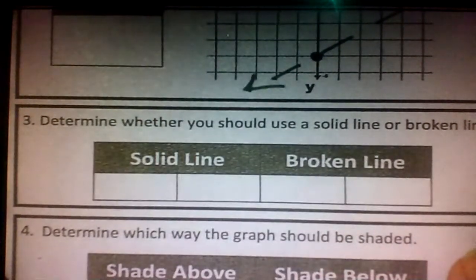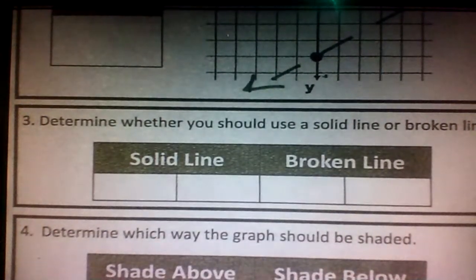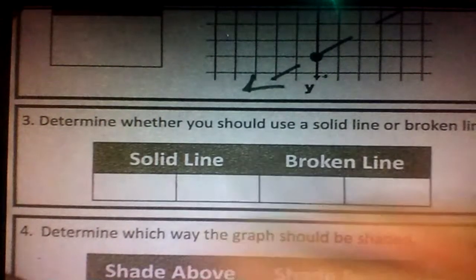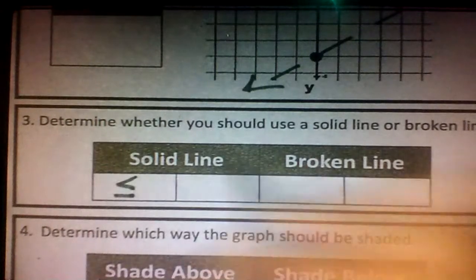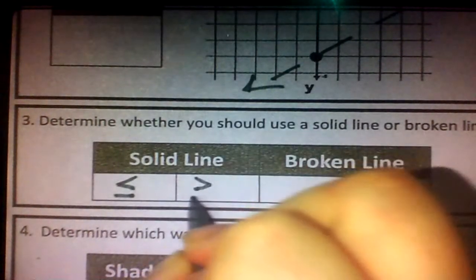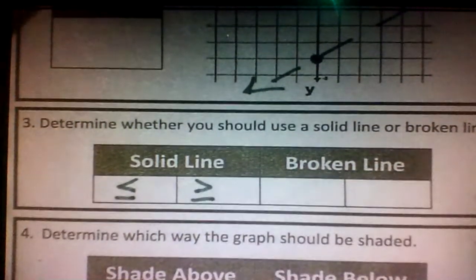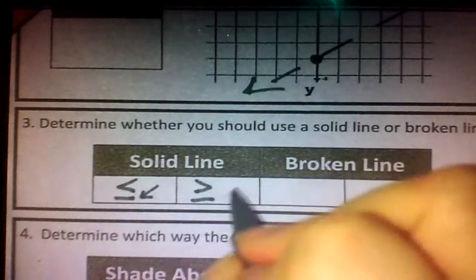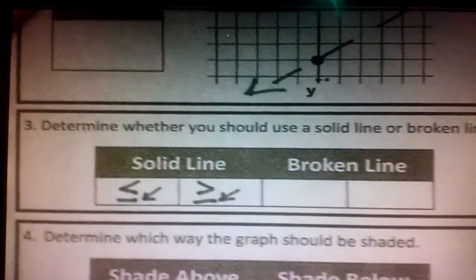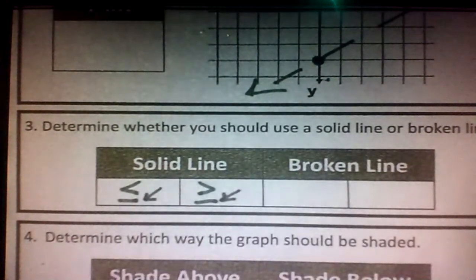So a solid line would be either less than or equal to or greater than or equal to. This symbol here and here determines that it is a solid line. That equal to tells you that it's a solid line. So I tell kids, if you see the solid line in the bottom of the symbol, it's a solid line on your graph.